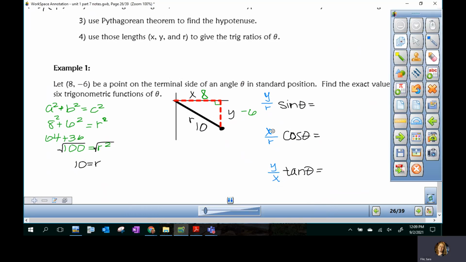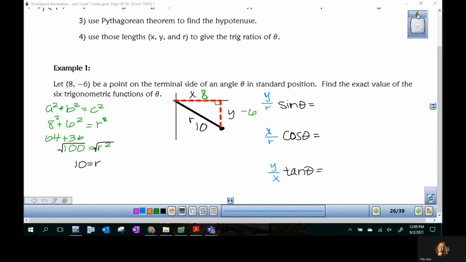Drives me nuts that it puts these extra things in here and makes my handwriting look sloppy. All right, so sine is y over r. So that's -6 over 10. We can reduce. That is -3 over 5. Cosine is x over r.